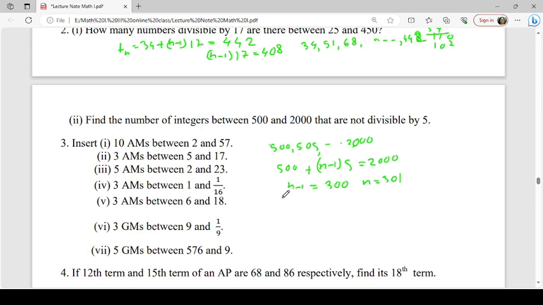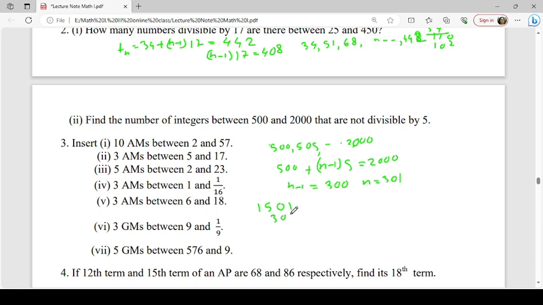Then, for not divisible: in between 500 and 2000 there are 1501 numbers, because 500 and 2000 are included. Out of this, 301 are divisible by 5.